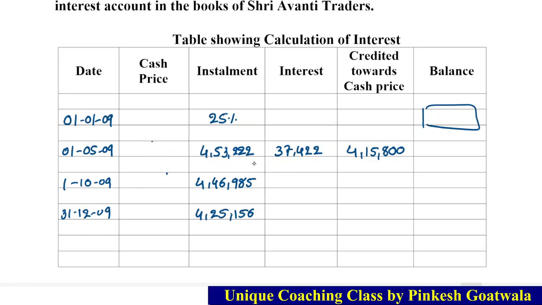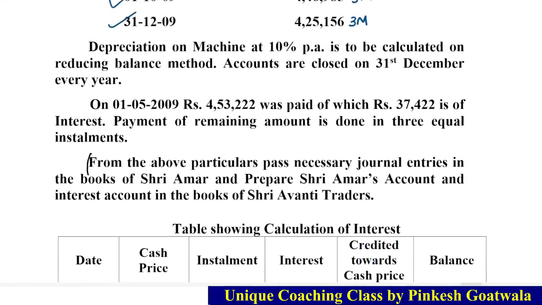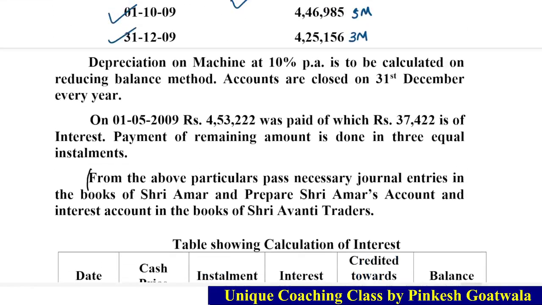So now what to do? In this question, one more point is given. I told you we would see it later, and this comes for the first time. Payment of the remaining amount is done in 3 equal installments. This is important.